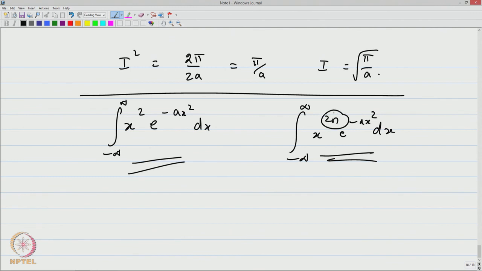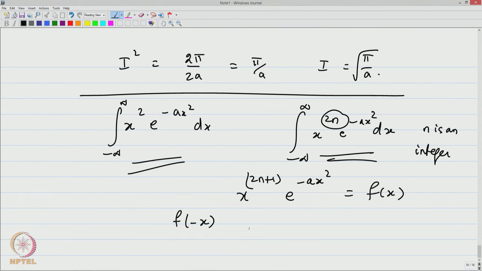It is important that I have 2n, n is an integer, and if it is an odd integer, x raised to 2n plus 1 for example, then you know that if you call this a function of x, then the function of x for the minus value is the negative of this function, and therefore, this is called the odd function.